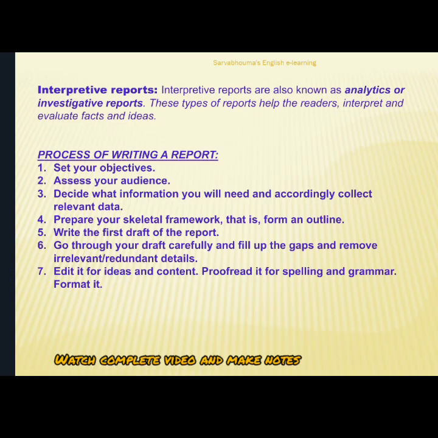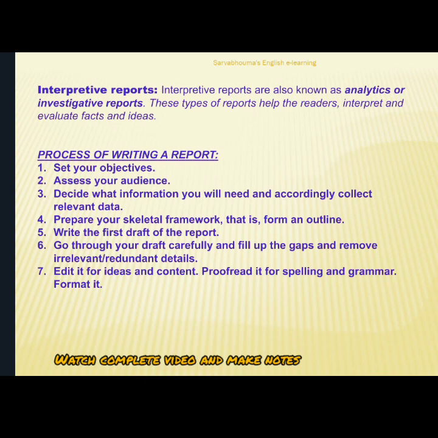So usually after writing the first draft, just read it carefully to check whether your drafted report is accurate or not. Just compare with the event. If anything should be removed, you can remove that, or if anything needs to be added, you can add that.